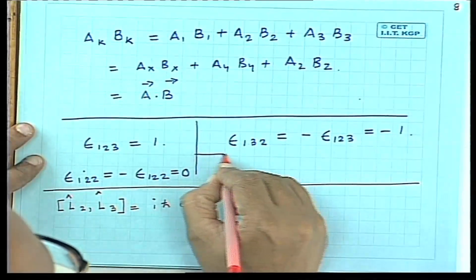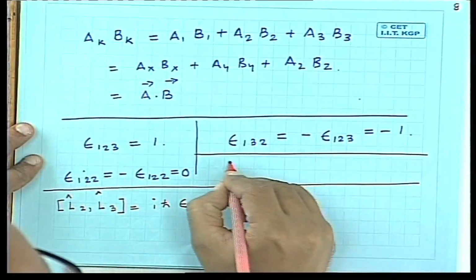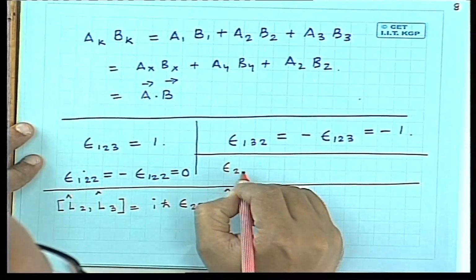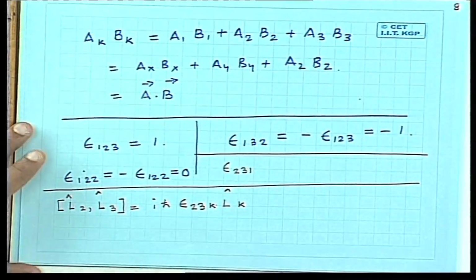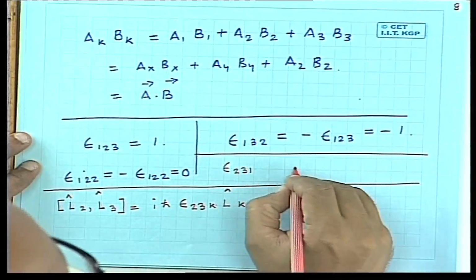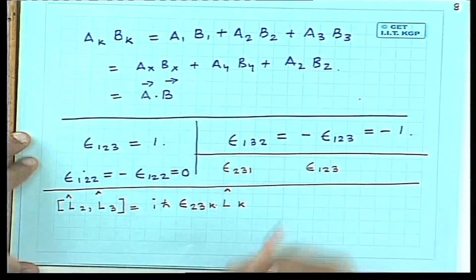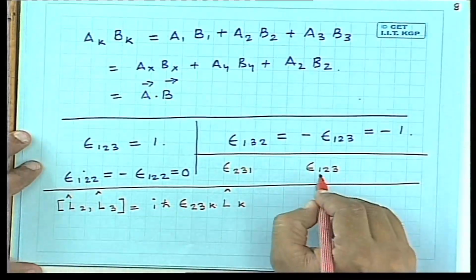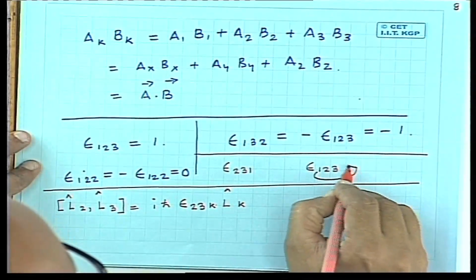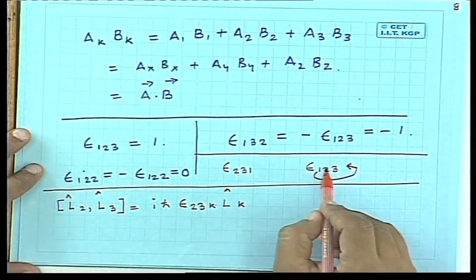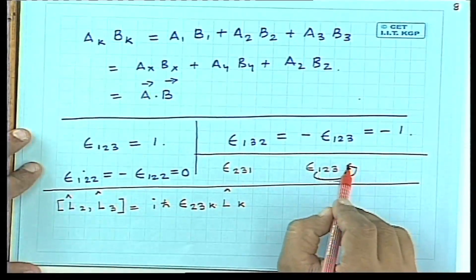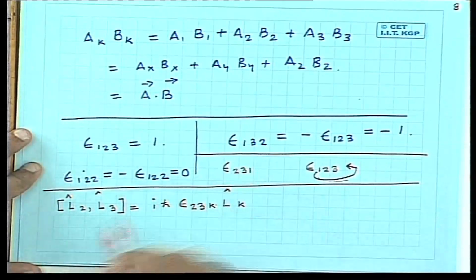Epsilon 2, 3, 1 can be obtained by a cyclic permutation of epsilon 1, 2, 3. If we do a cyclic permutation, that is, we shift the 1 from here to here, what we get is epsilon 2, 3, 1.